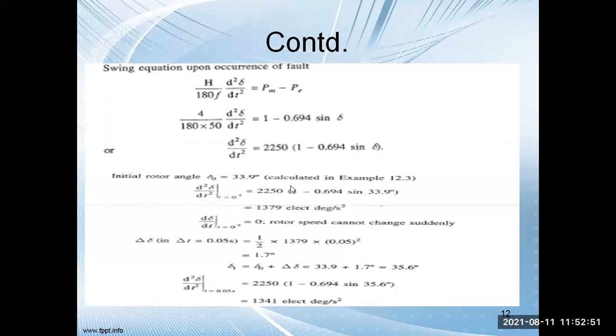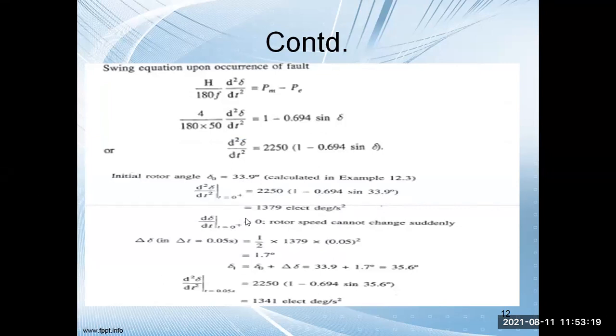We substitute that delta 0 value 33.9, and we get 1379 electrical degree per second square. Now d delta by dt is 0, because the rotor speed cannot change suddenly.